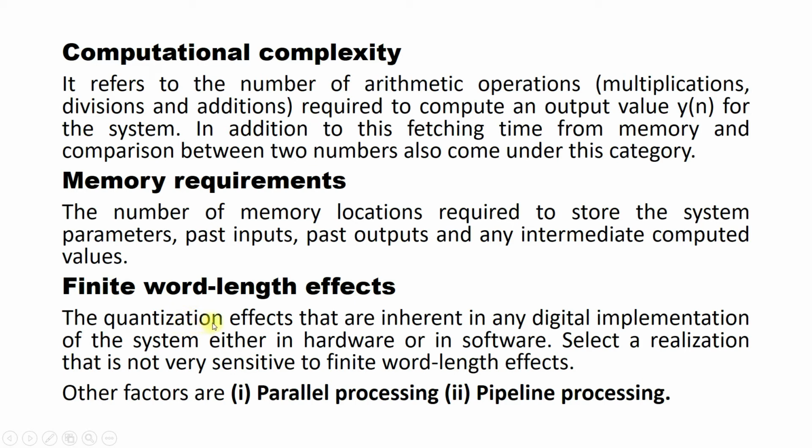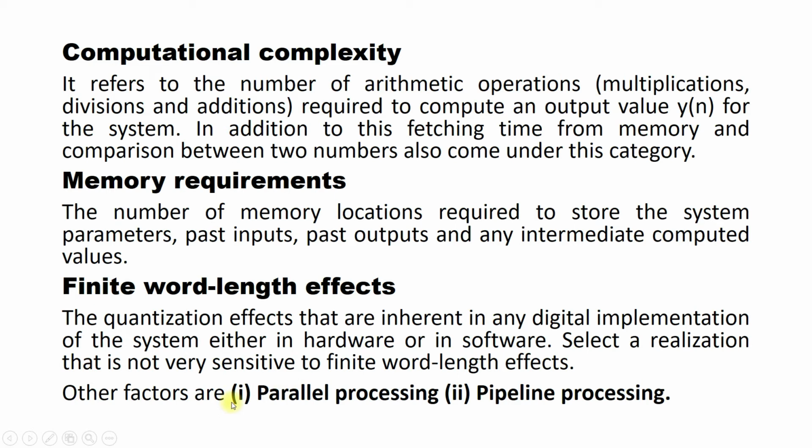So while assigning coefficients or values to a register, some of the values will be discarded, rounded or truncated. This will affect the performance of the filter which you have designed. So depending upon the requirement, we have to select the structure. In certain structures, the finite word length effect will be minimum, so we have to take that into account.